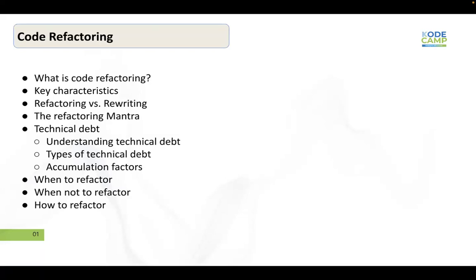Rewriting is complete reconstruction, potentially with new features. So if you have a function that does something and you want to rewrite it, some features may break and new features may also be added. So that's the difference between refactoring and rewriting.